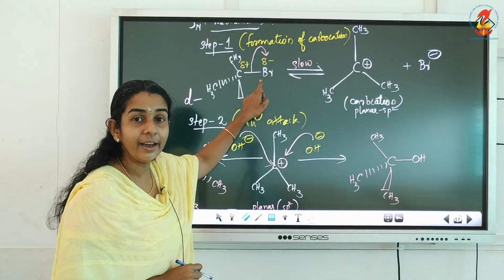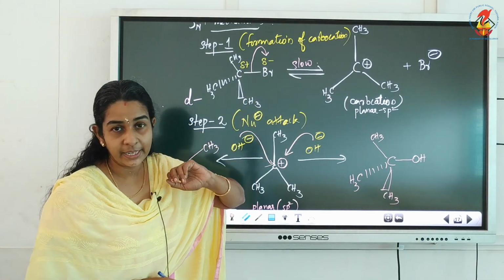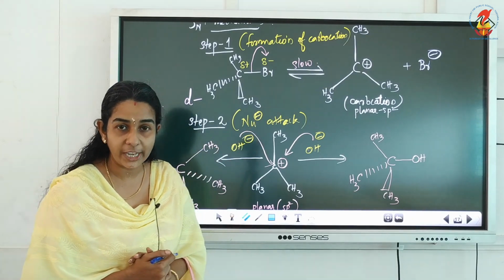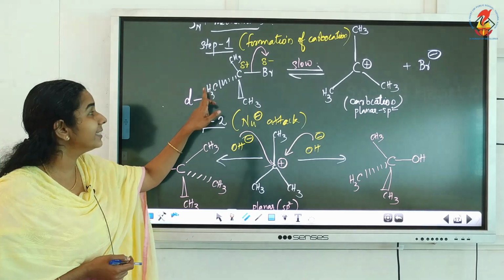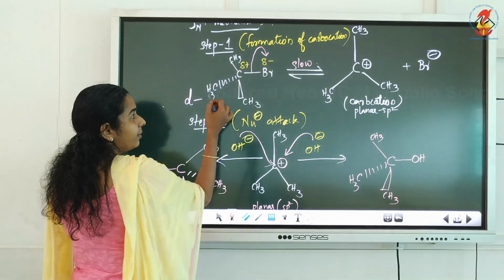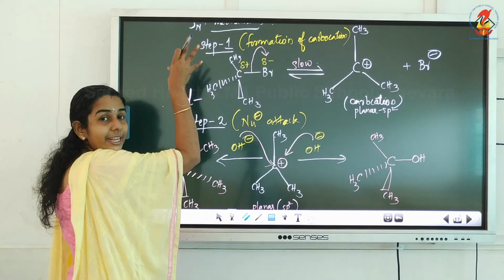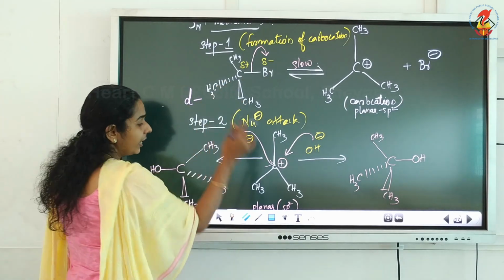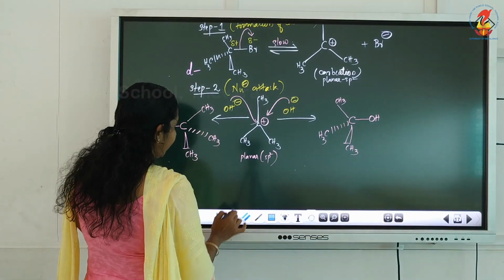From the alkyl halide we have taken, halogen will be going as Br minus and there is formation of carbocation. If the alkyl halide that we are taking is dextrorotatory, see the configuration of dextrorotatory. We are assuming this is dextrorotatory. What happens? Compare the configuration of this alkyl halide with the product.